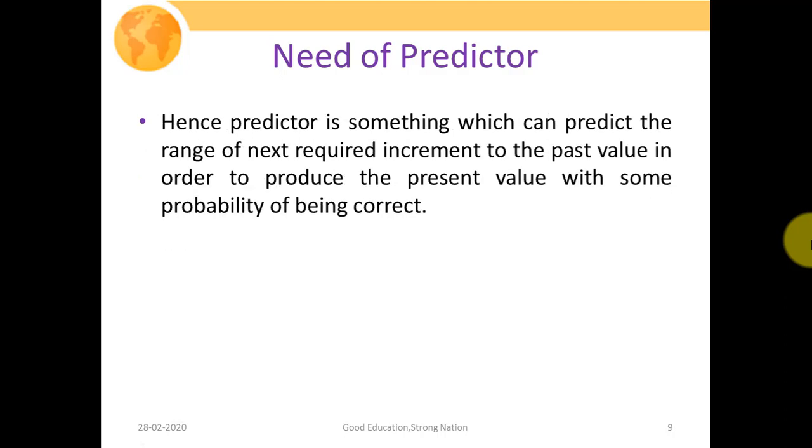So, what is a predictor? A predictor is something which predicts the current sample outcome based on the previous samples, exploiting some linear prediction mechanism whose parameters are dynamically estimated.